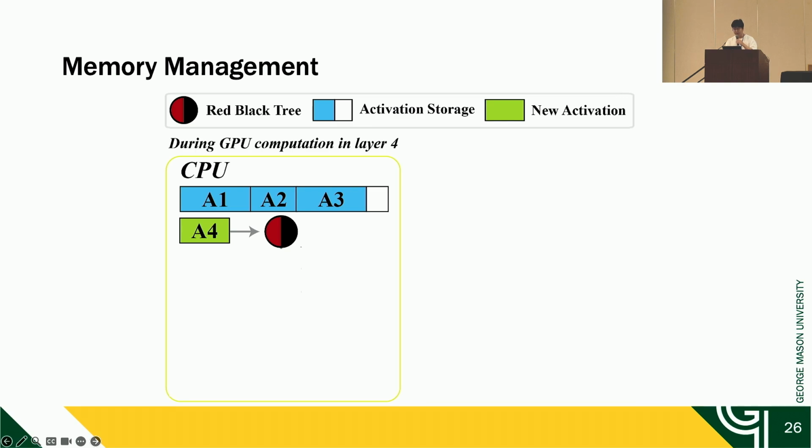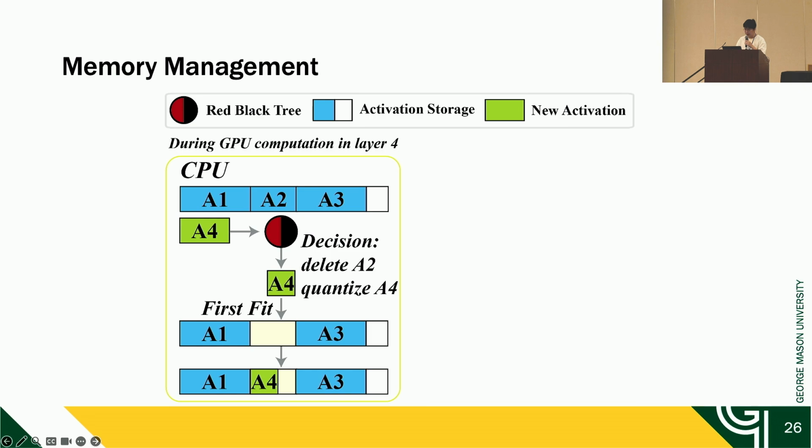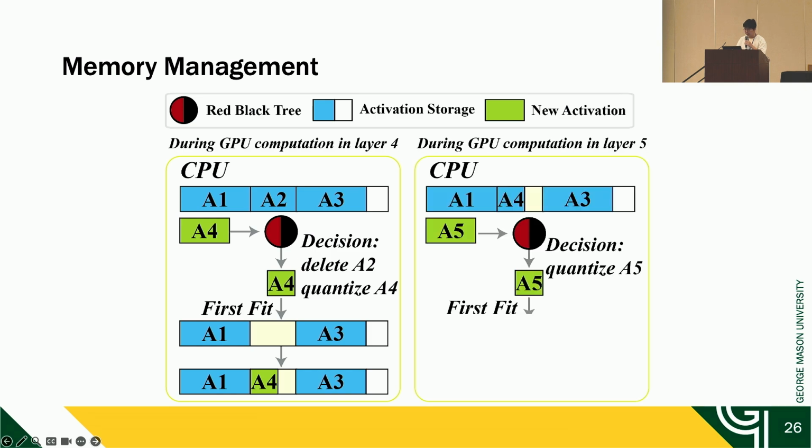Here is an example. Imagine we have already stored activations A1, A2, and A3. When A4 comes in, we use a red-black tree to decide based on the importance whether it should be stored. Different quantization algorithms define importance differently. Suppose we decide to evict A2 here, then A5 arrives.